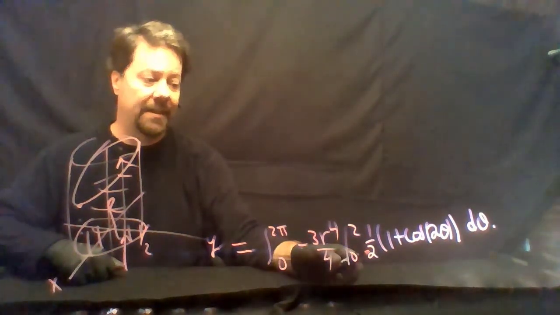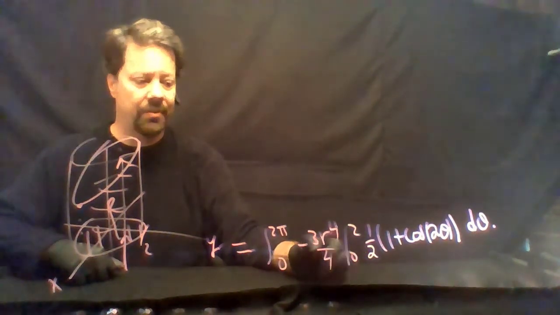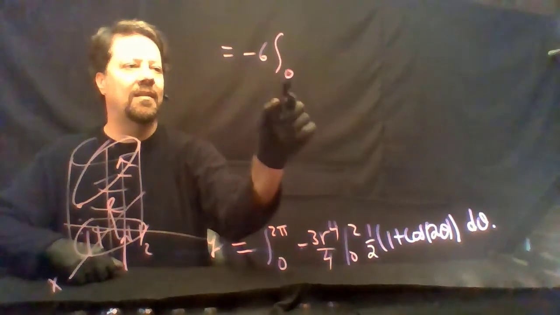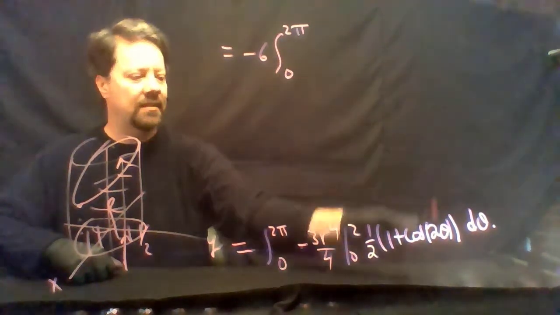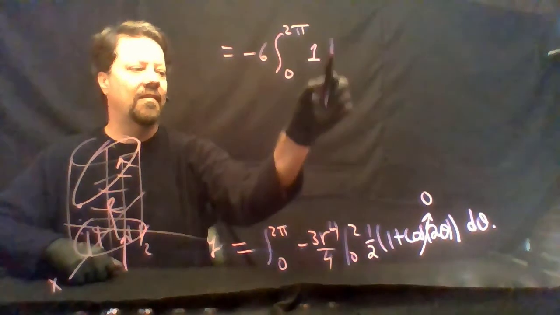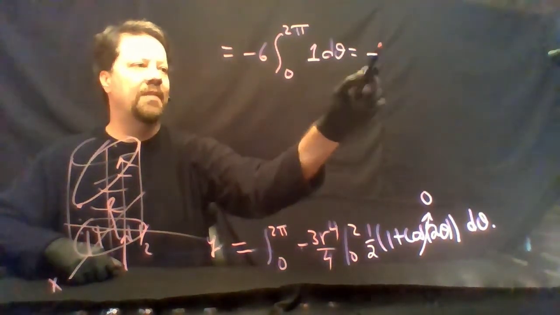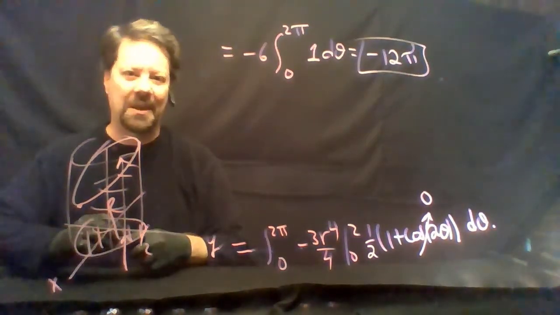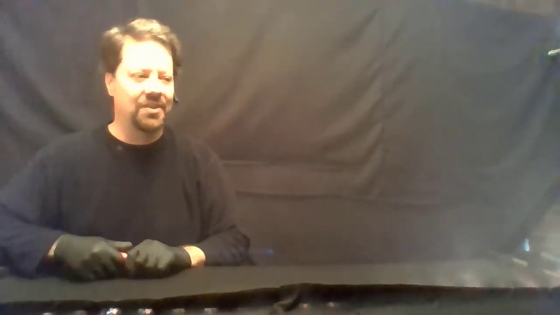It's 4 divided by another 2 is 2 times negative 3. Integral of cosine 2 theta is nothing. And so we get minus 12 pi.